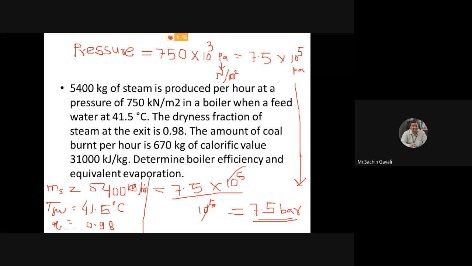Then EMF is 670 and CV is 3100. Determine boiler efficiency and equivalent evaporation. So calculate HS, calculate HW, and then afterwards calculate boiler efficiency.